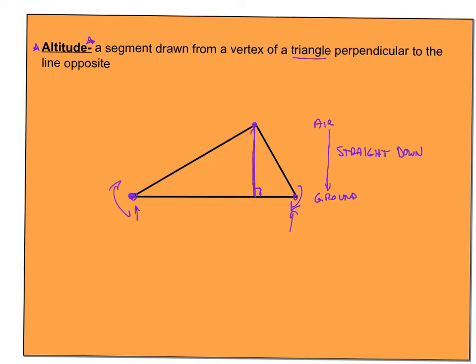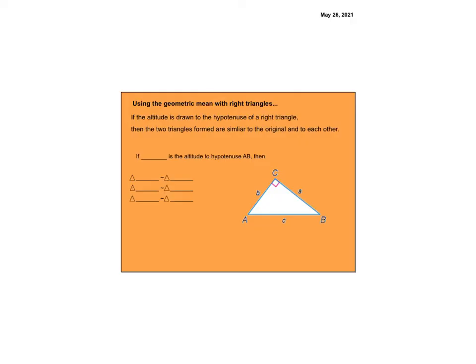We don't have to draw all three. I'm just trying to get you used to this idea. This is called an altitude. That's your altitude, and it's important to note that that is a right angle. I'll show you why in just a moment.